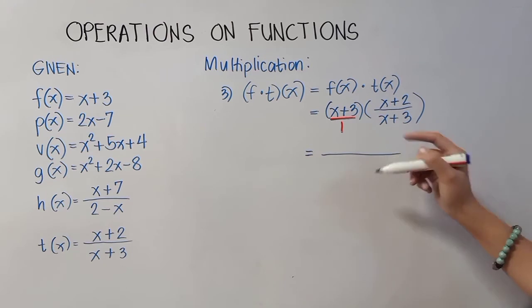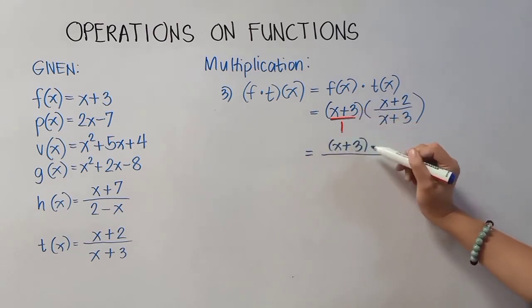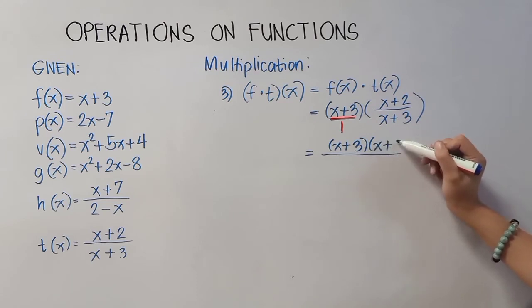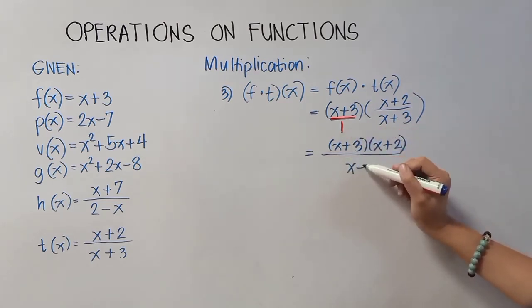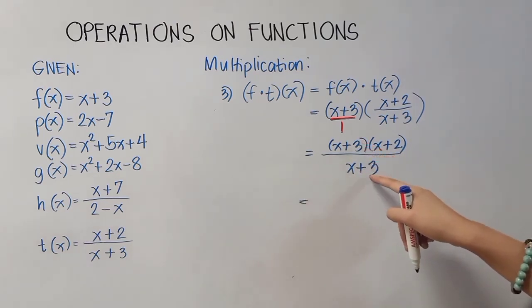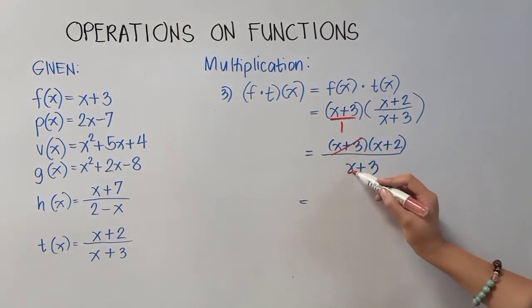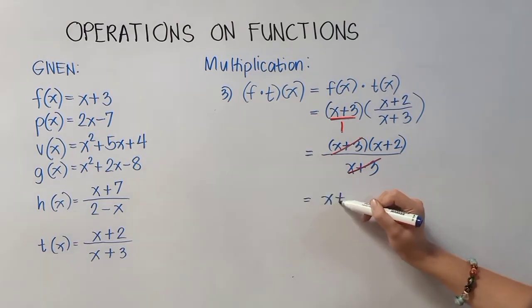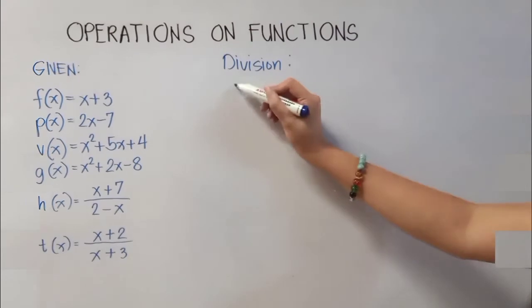So, we have here quantity x plus 3 multiplied to quantity x plus 2. And then 1 times x plus 3 is just x plus 3. Now we have here the same binomial. Therefore, we can cancel them both because they are just equal to 1. 1 times x plus 2 is just x plus 2. And this is our final answer.